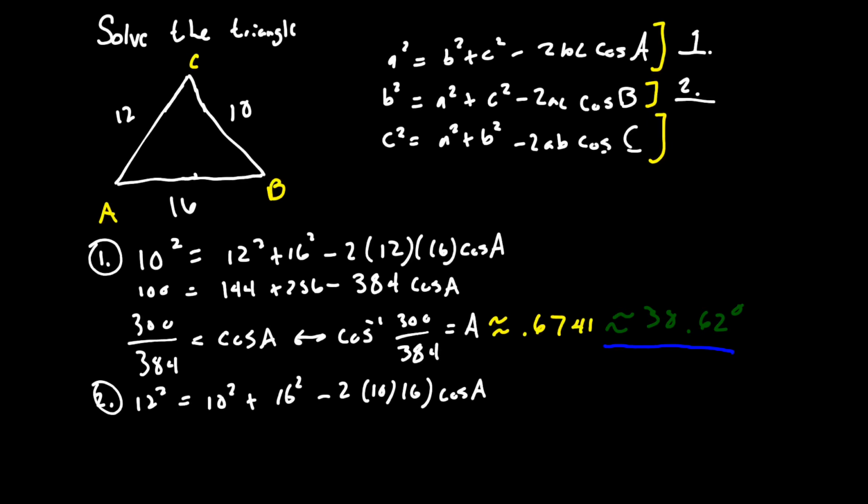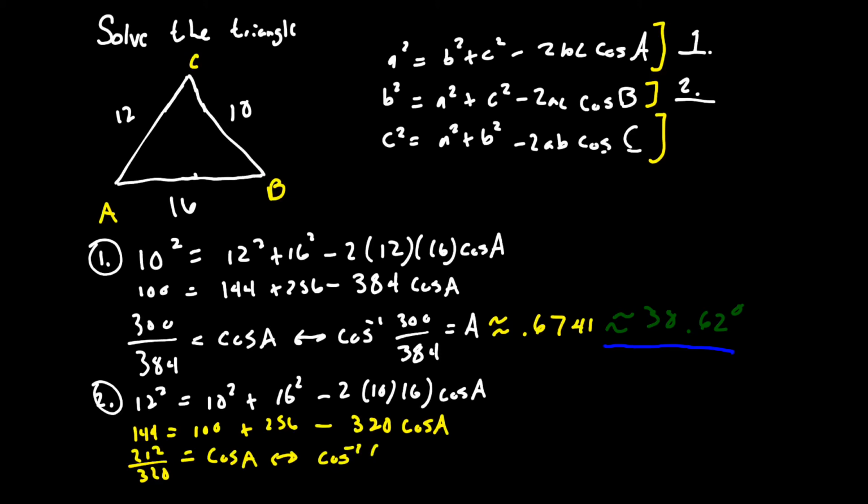Simplifying this, we'll get 144 is equal to 100 plus 256 minus 320 times cosine of B. Solving for cosine of B, we'll get 212 divided by 320 is equal to cosine of B. Again, using our inverse trig, we want to evaluate cosine inverse of 212 divided by 320.